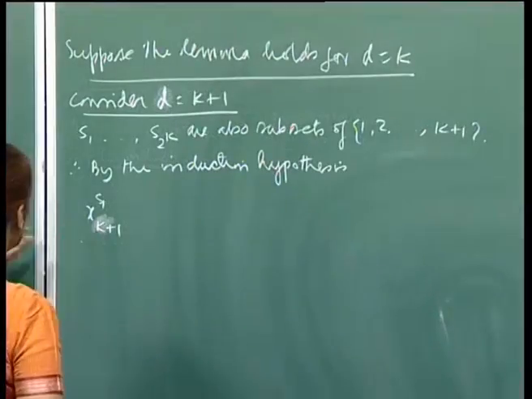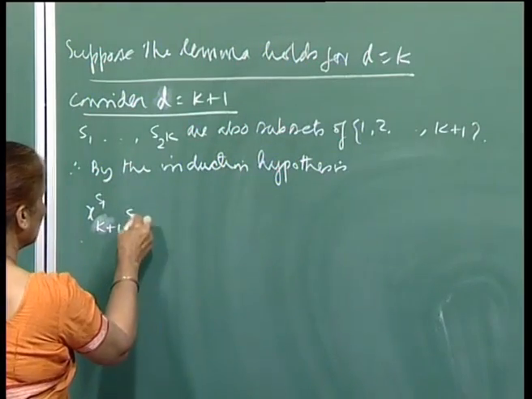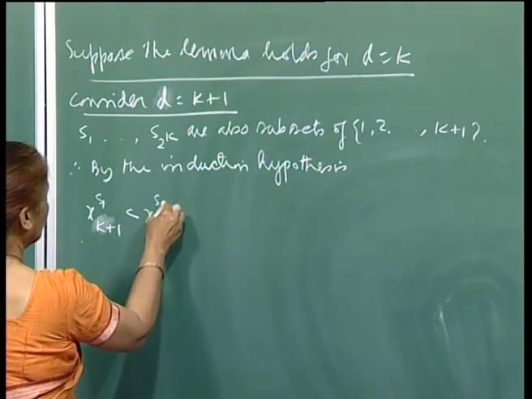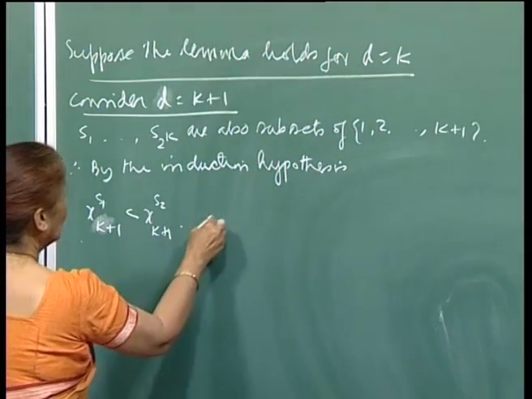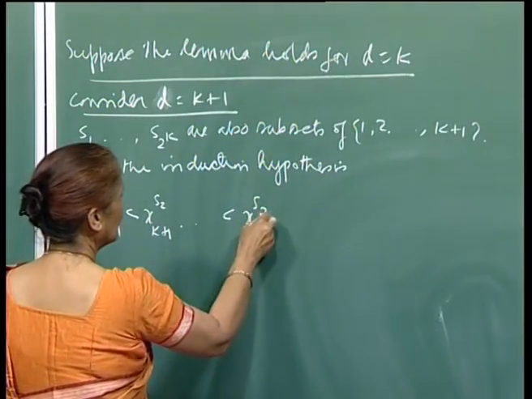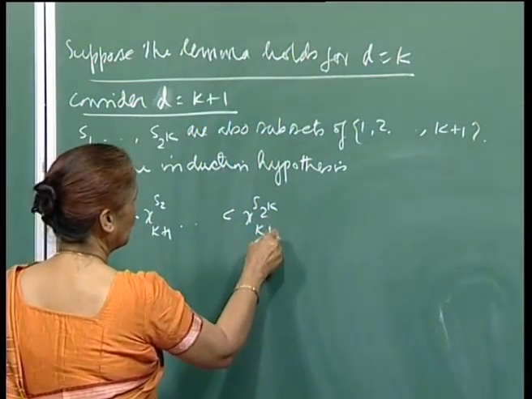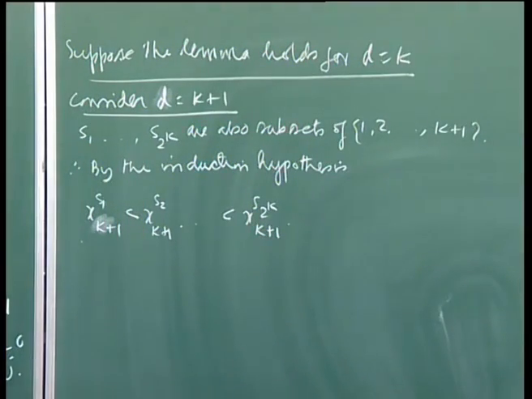So, that is the last component. So, for these subsets this is less than x s 2 k plus 1 and less than x s 2 raised to k plus 1. So, up to this is okay, right.